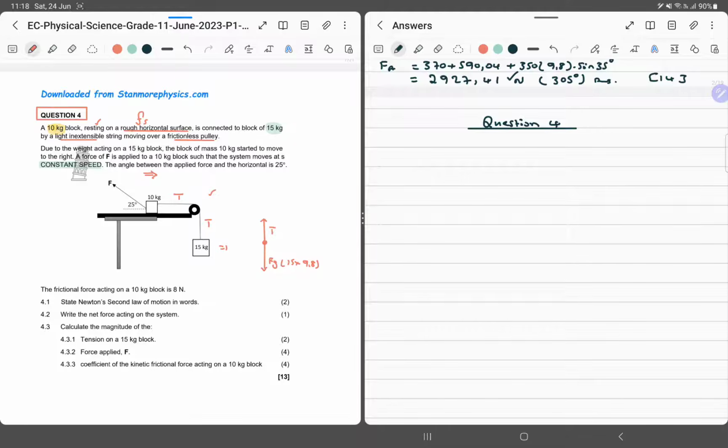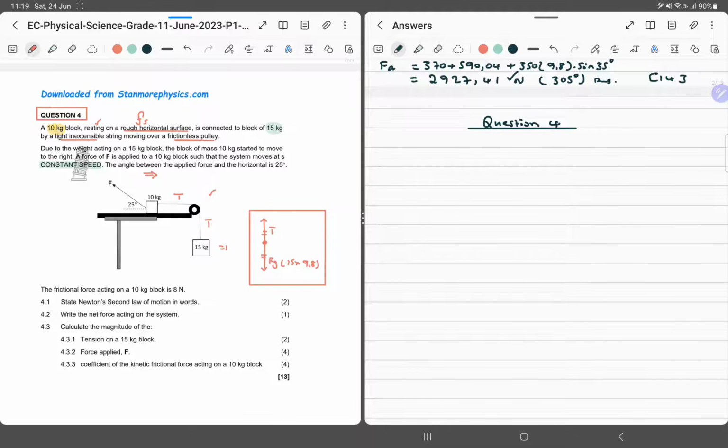But if this is doing constant velocity, it means these two are equal. So these are some of the things you want to make sure you understand, because the resultant force acting on that 15 kg block should be 0. And if it is so, that means those two are equal.